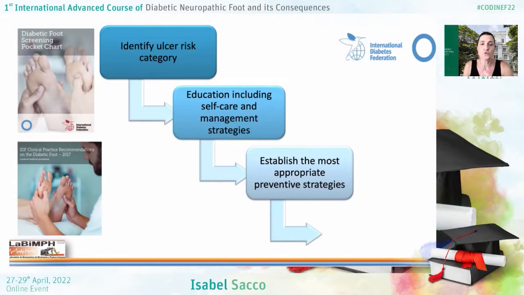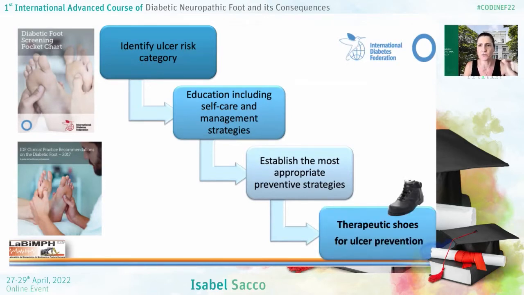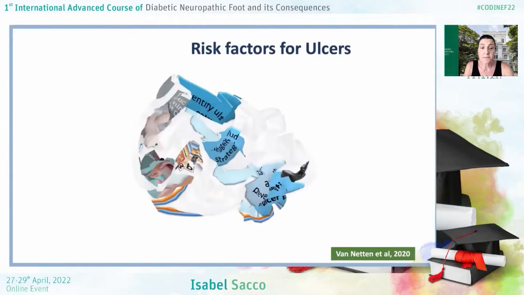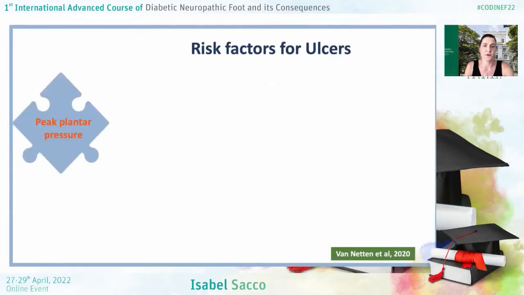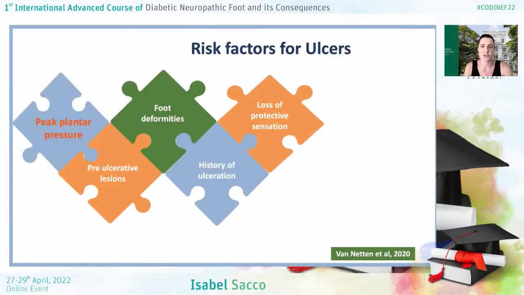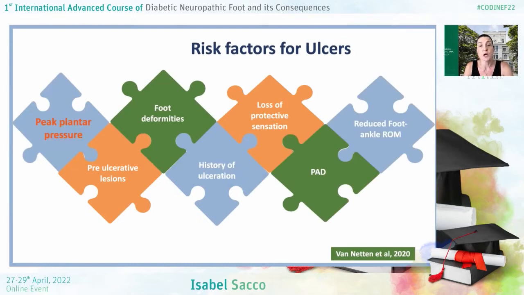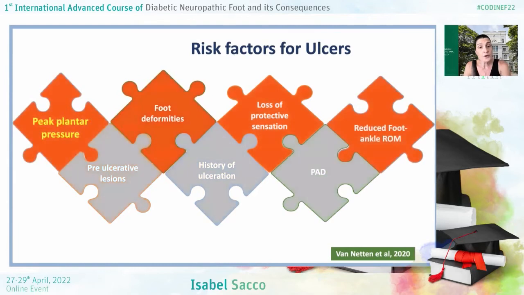However, in most cases, only therapeutic shoes are recommended for reducing peak pressure. But there are many other risk factors besides peak pressure that should be considered when preventive actions are prescribed. From all those risk factors, at least 4 of them can be prevented by more active actions instead of shoes.